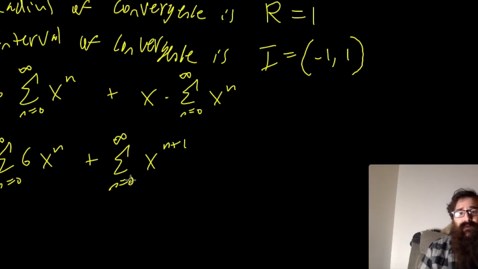I want to try to write this as one power series, but the different exponents on x are what's preventing me from doing this. So there's a couple of things I could do here. I could start working with shifting indices and trying to see if I can get the same exponents here. Another consideration, and I think a really good idea, would be to physically remove the n equals 0 term here.